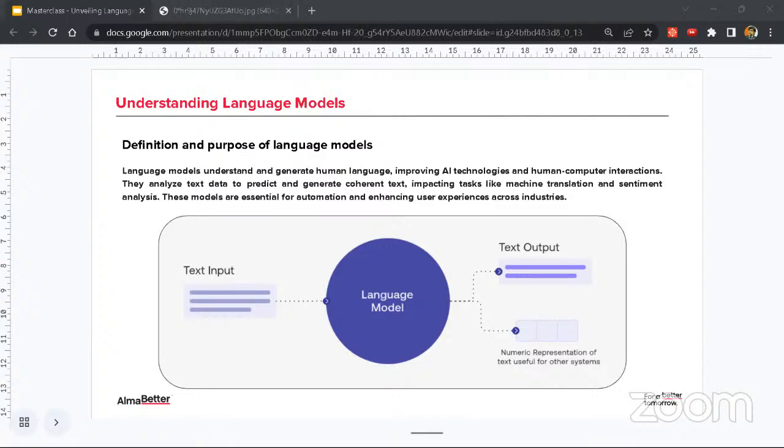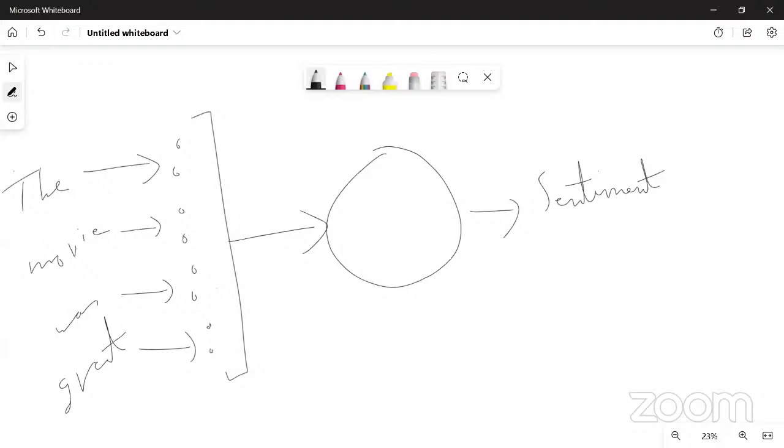So let's say if I say the movie was great, we already have a pre-trained language model, and we already have learned some encoded version of the word the, some encoded version of the word movie, and of the word great. So some pre-trained language model is already available, and we're able to learn the encoded representation of these individual words. It is working on that basis.